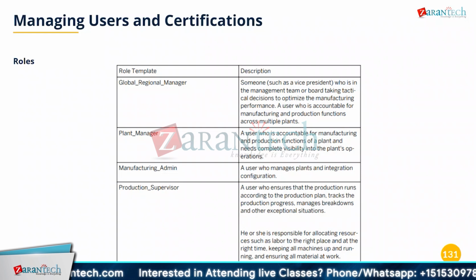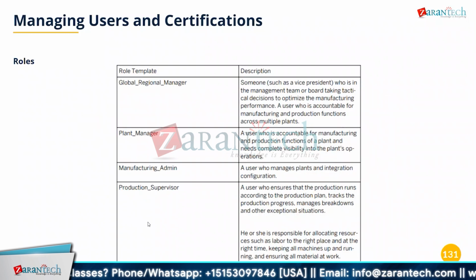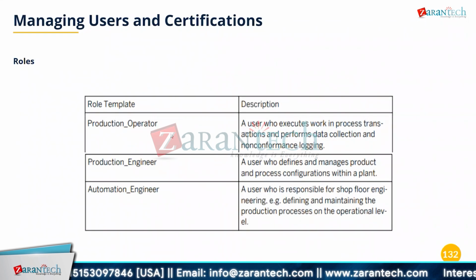Manufacturing admin is basically the one who is doing all the integration configuration. Okay. Production supervisor is there. So he is the responsible person for doing the scheduling or managing the resource and labor. So he will have web access to all those applications. Then we have the production operator role.